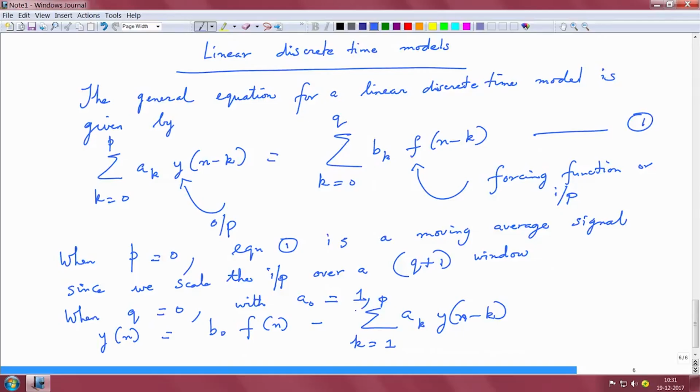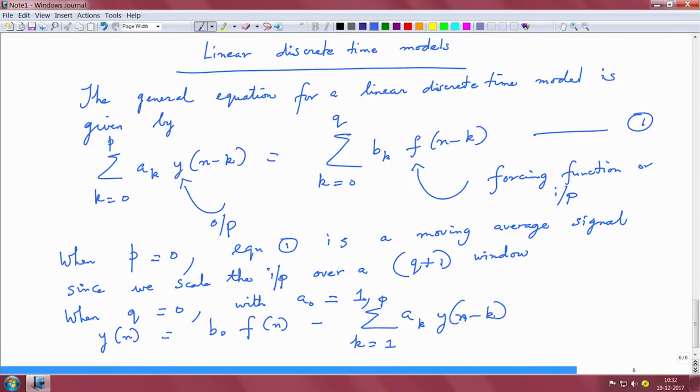Now, just rewriting this equation again, this is the forcing part, and the output at time n depends upon the previous outputs at various time delays, n minus 1, n minus 2, n minus 3, and so on.